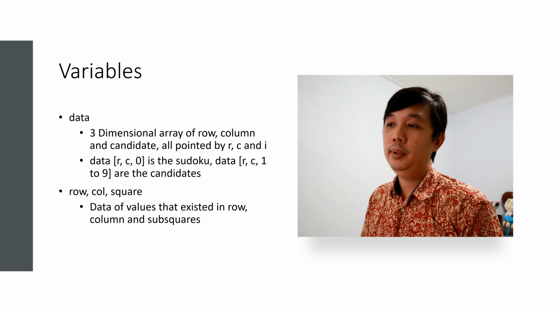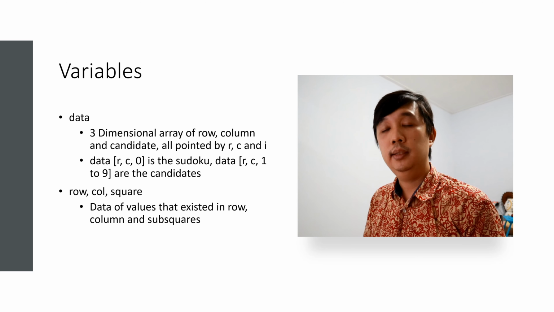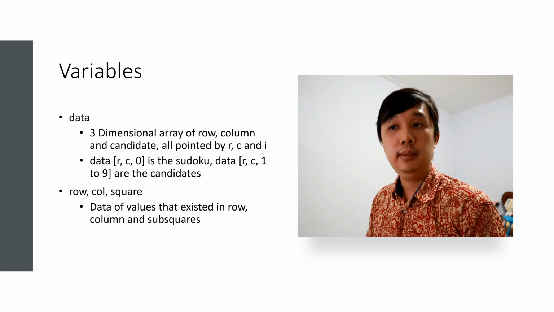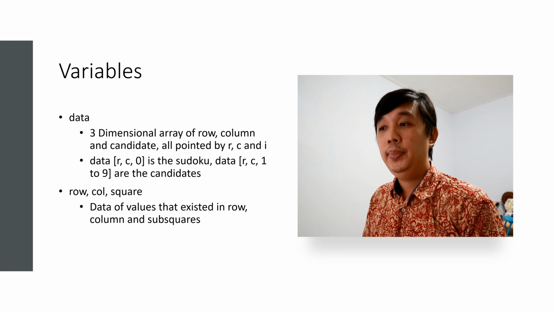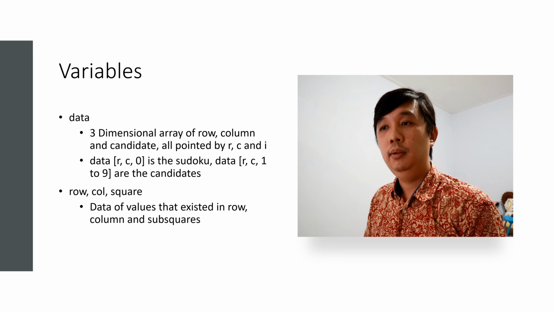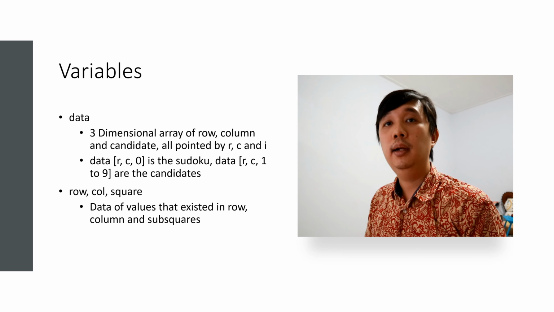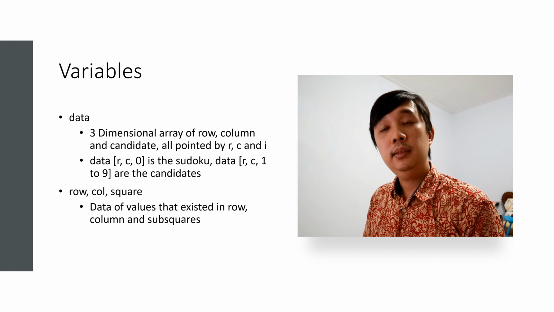Well, the other variables are row, col and squares. They consist of the data stored, that is what exists in that row, column or sub-square that we are currently working with. For example, in this row we have numbers 1, 2, 5, like that. It was stored in an array format indexed by number.